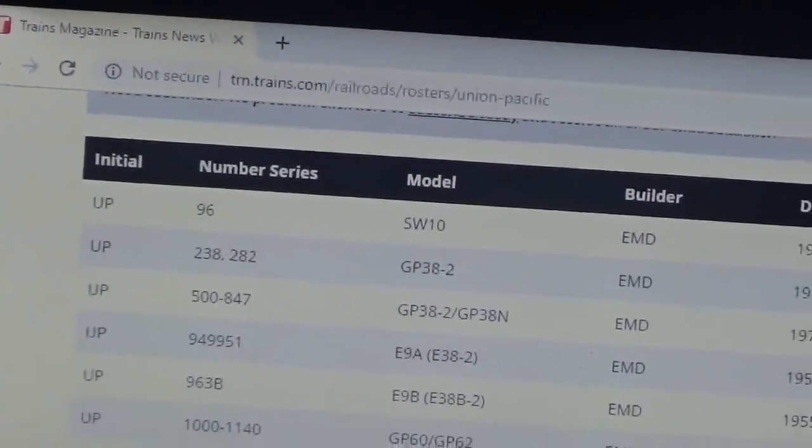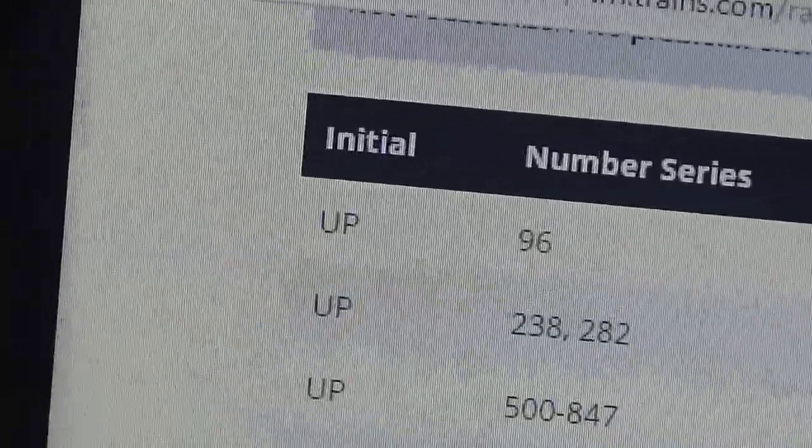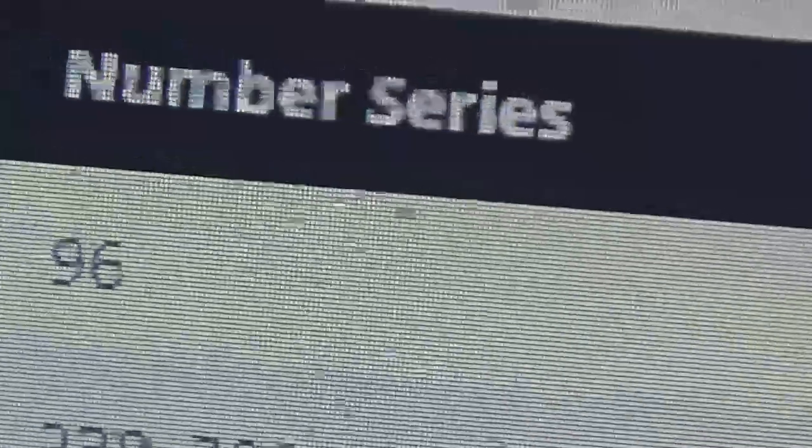okay, this is the roster. First it shows the initial, and then if you go to the right, you get the number series. The number series starts on the first number, and then it goes down and down and down. Yes, numbers can have letters as well.